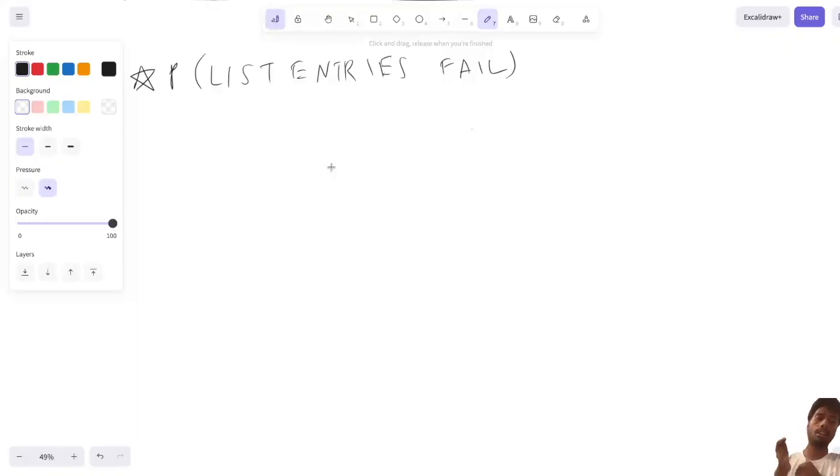Yeah, you're right. The count will always be greater than 1 for all the leftover cells. Because what was our list entries algorithm? Find all those cells that have count equals to 1, then delete those keys, then repeat. If we don't have any such cells, we have to exit, right?